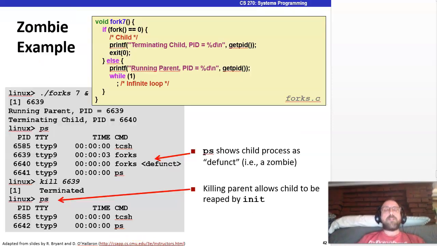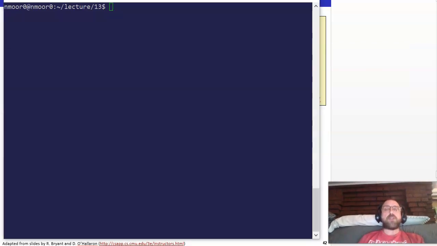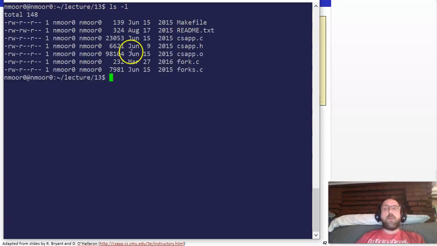So there's an example in the slides about a zombie process, but let me show you this on my virtual machine. This is in the lecture 13 code. We have the makefile as usual, a README describing what's here, the CSAPP, those are the initials of the textbook, the file of helper functions, and the header file to go along with that.